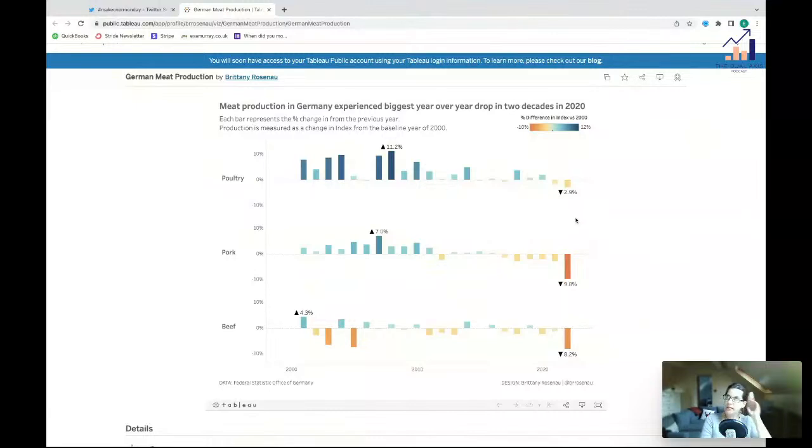Maybe that could be something to focus on, just how those 2 years compare. So meat production in Germany has experienced the single largest drop between 2021 and 2022. So in 2022, it was lower compared to the previous year than any other years.